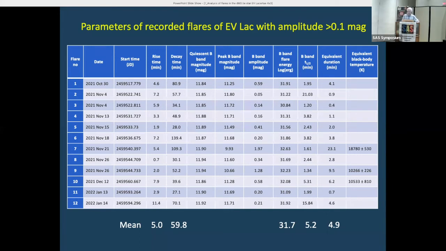And that average is about 5.2. And the equivalent duration, which is another analytical way of assessing the flare, has a very similar value. So all of these assessments of the flare behavior are relatively consistent. And I would just also mention the final column there is for the 3 brightest flares that we had, we were able to make an assessment of the black body temperature in a way which I'll describe.